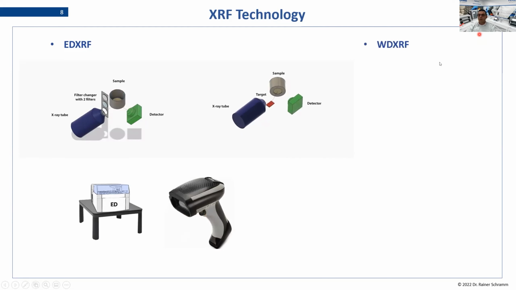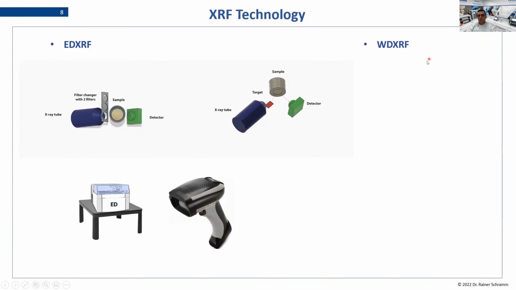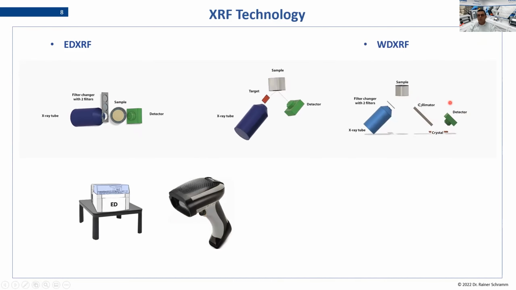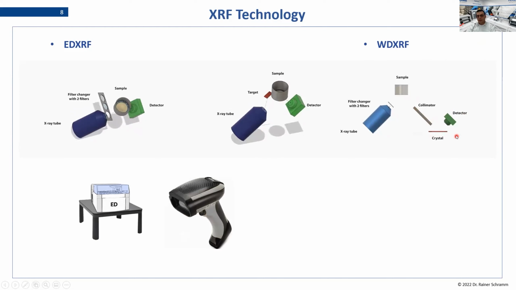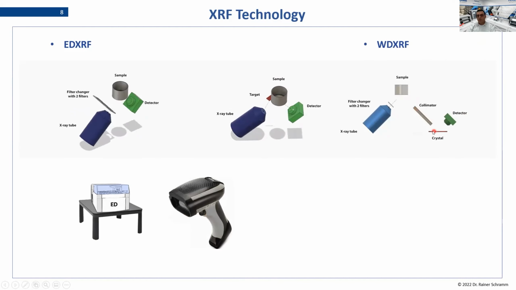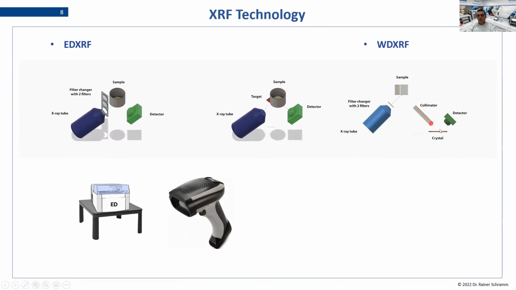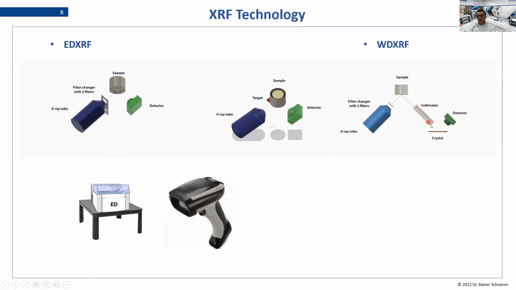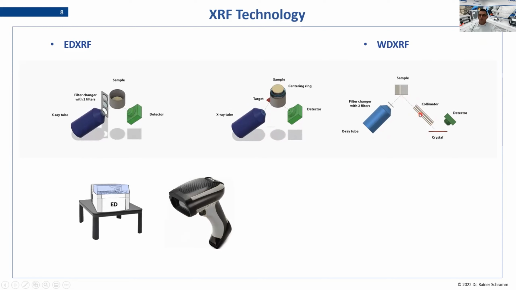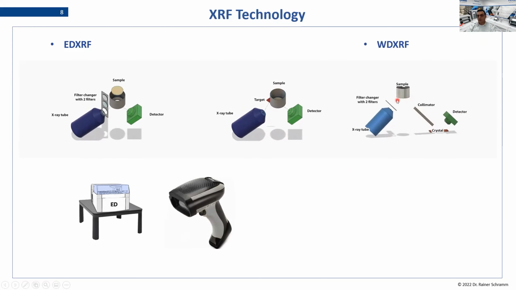The other possibility we have is wavelength dispersive XRF. Here, there is a different way to detect the X-rays. That means now we have a crystal together with a collimator and a detector in an arrangement, so that only one single wavelength is taken out of the X-ray fluorescence created in the sample.